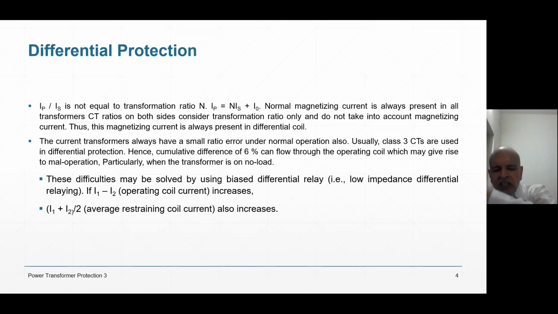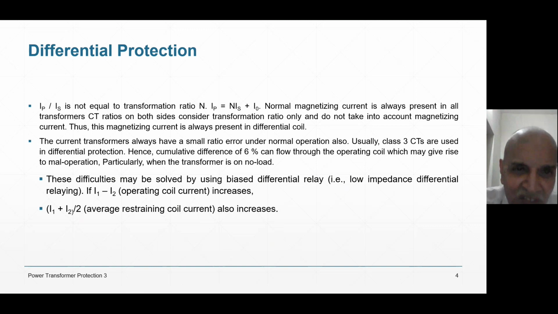So if the secondary current on 132 by 66 kV transformer is 1000, then on primary side it is not 500. It may be 502 or 505. Some excitation current is taken, and that excitation current is a difference, and that difference will pass through the operating coil, and it can make an operating tendency.